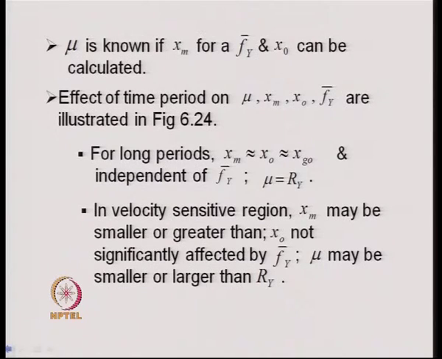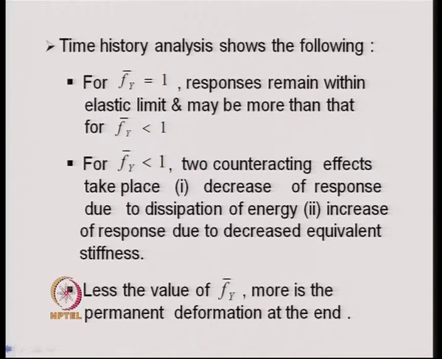Now, from the figure, the following observations can be made. First, for long periods, that is in the displacement sensitive zone, we find that xm is almost equal to x0, or equal to xg0, and this value is independent of f bar y.